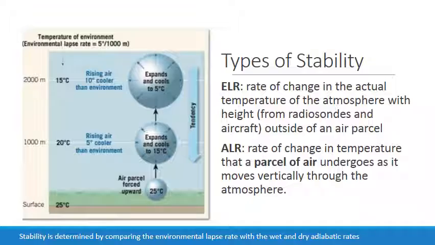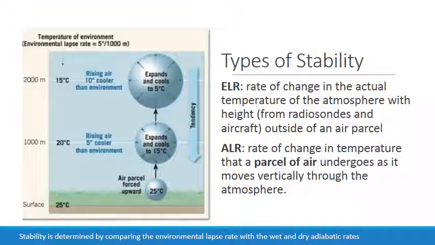The stability of the atmosphere is determined by regularly measuring the air temperature at various heights. This measure, called the environmental lapse rate, should not be confused with adiabatic temperature change.